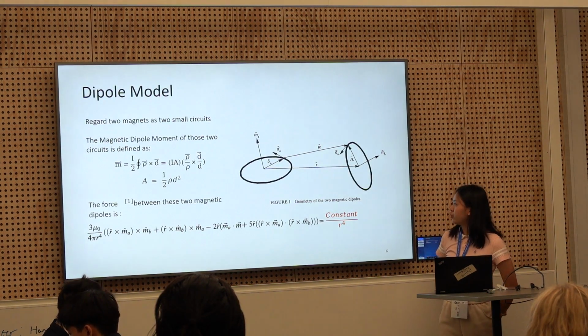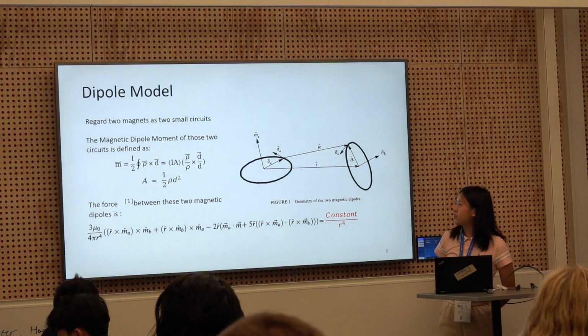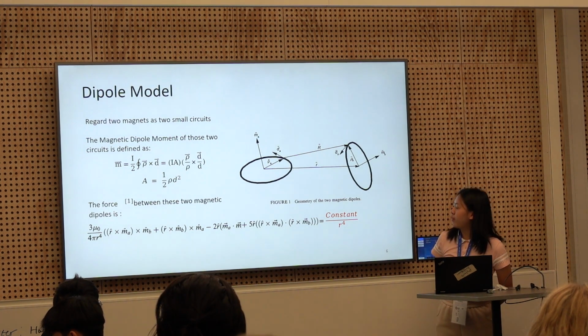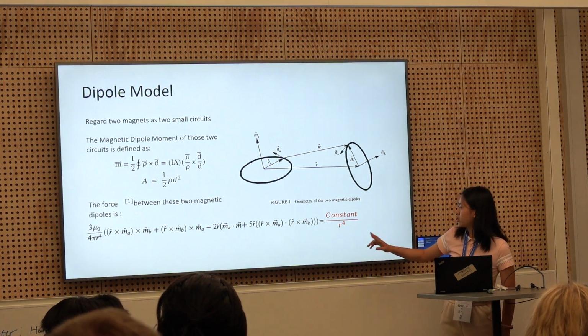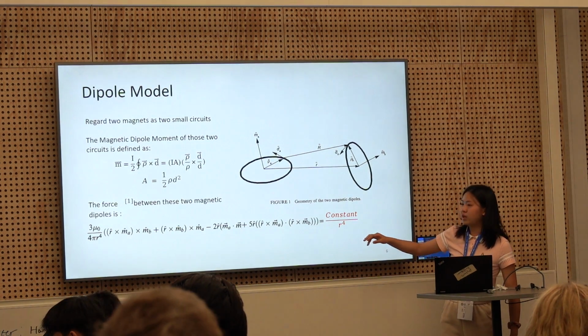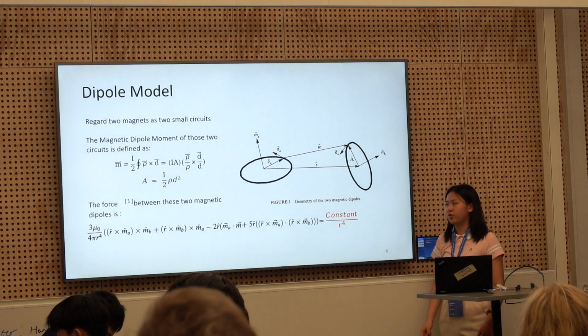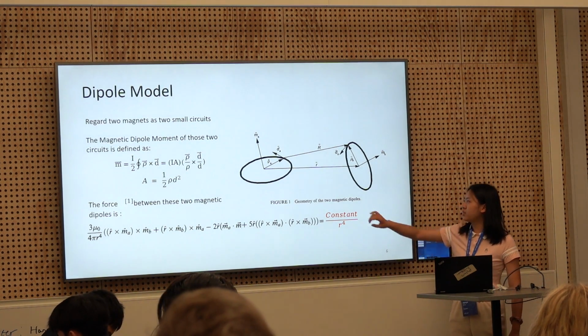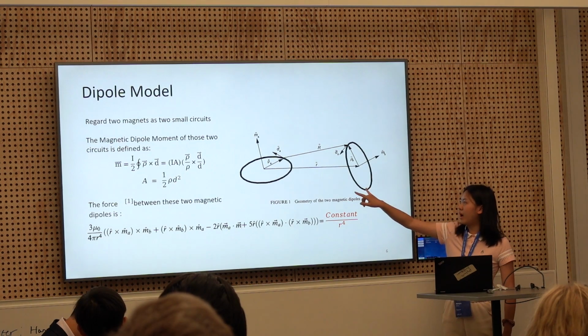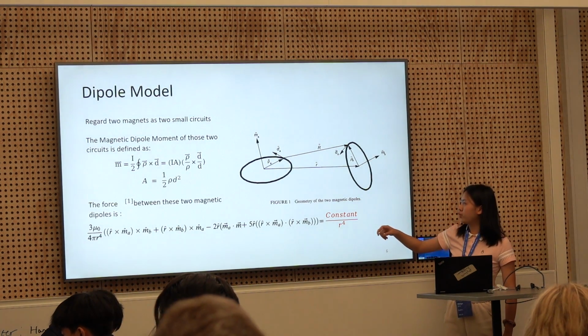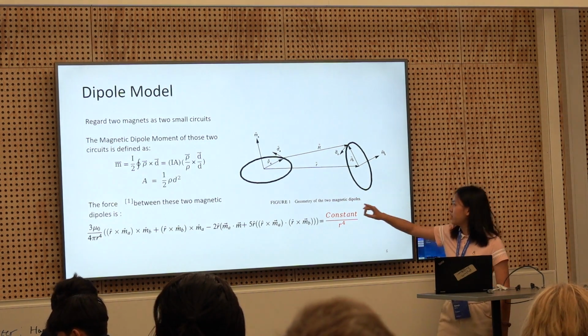Regarding the magnetic force, since we suppose the magnets as magnetic dipoles, the force between 2 dipoles could be expressed as this expression, and we simplified it into a constant over r to the fourth. And r is the distance between the 2 centers of the magnets, and the direction of the force is from one center to the other.